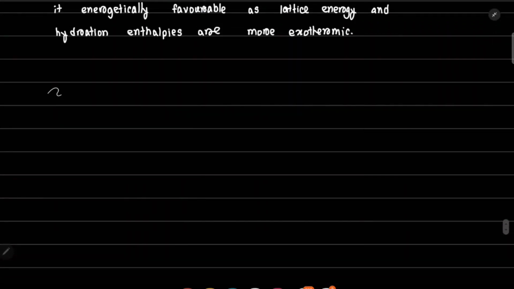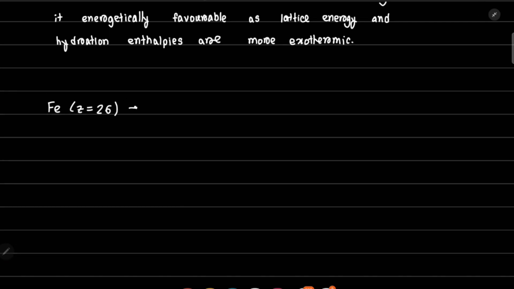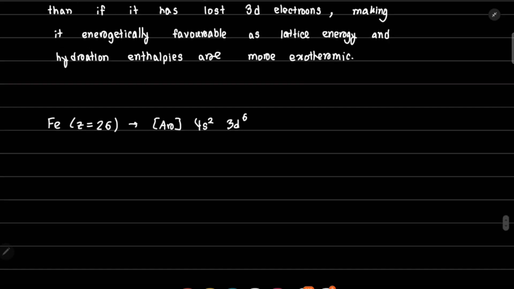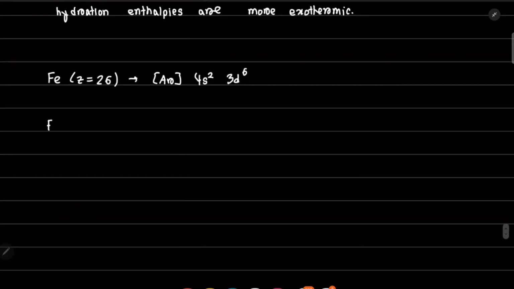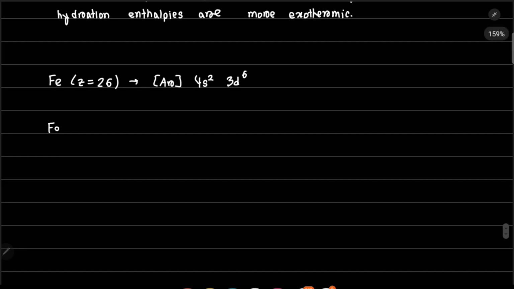So for example, iron has an atomic number of 26. It has an electron configuration of argon 4s2 3d6. There are 2 stable ions of iron. One is iron 2 plus. In this case, we'll lose the 2 electrons from the 4s subshell.